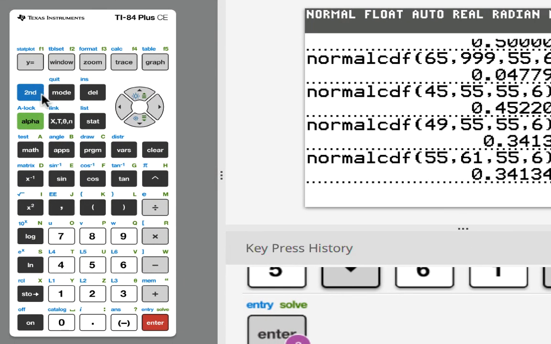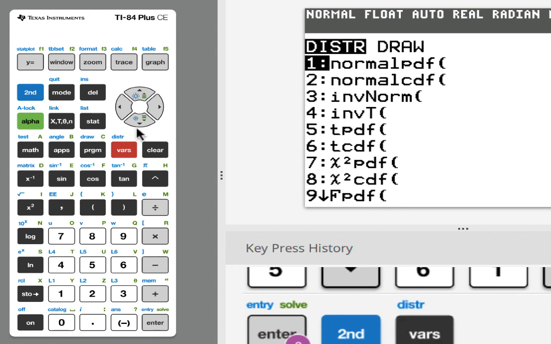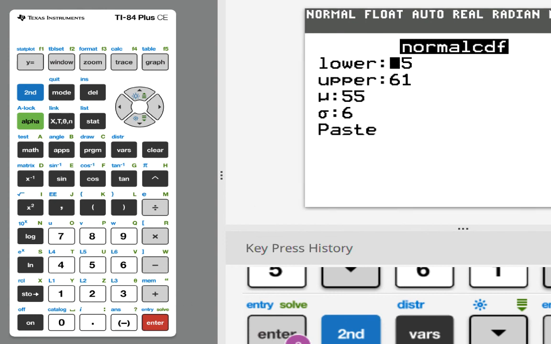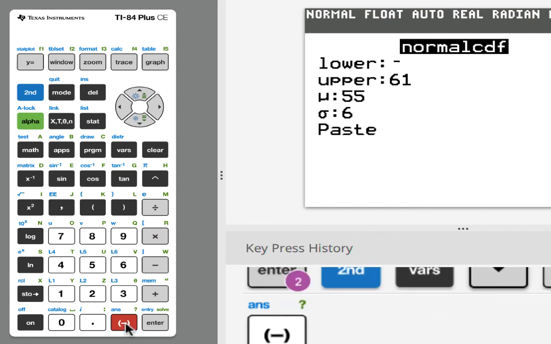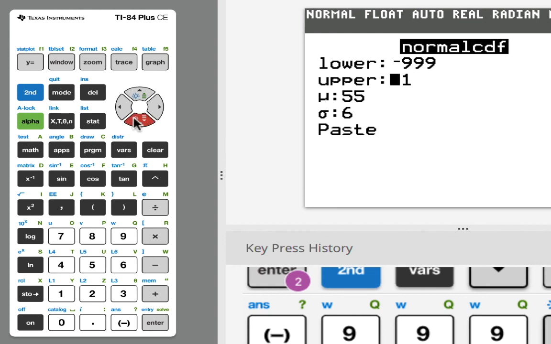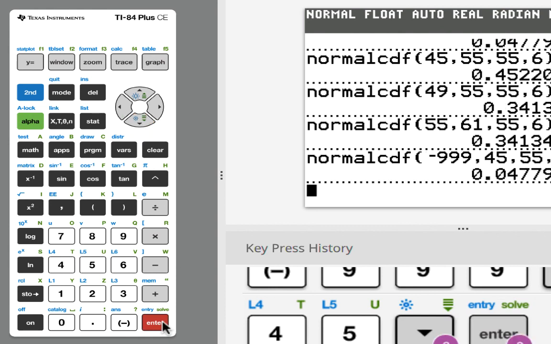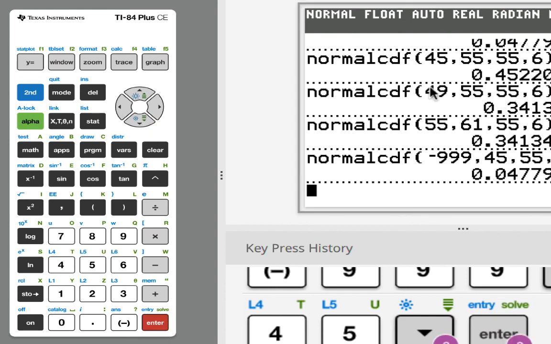Now here, second inverse. Once again, number 2, press enter. Now, this is negative 999. Very important, that negative, guys, is this, not the minus sign. It is this negative, minus, right, 999. The upper one is 45. And then 55 and 6, paste. This is exactly the same as x greater than 65. So it's 0.04779.